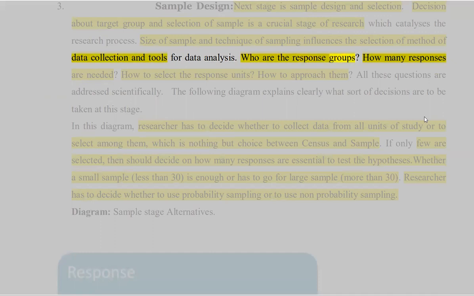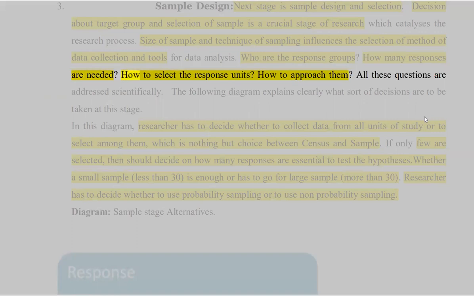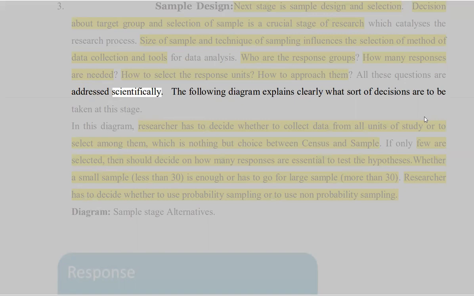Who are the response groups? How many responses are needed? How to select the response units? How to approach them? All these questions are addressed scientifically. The following diagram explains clearly what sort of decisions are to be taken at this stage.